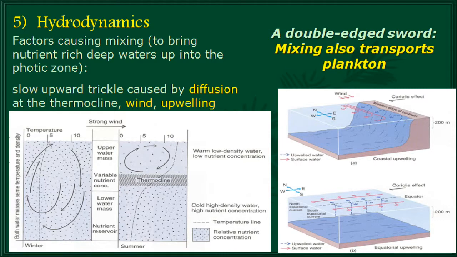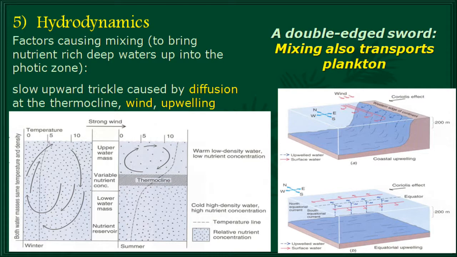So hydrodynamics can be called a double-edged sword, because it's good in terms of mixing the nutrient-rich waters up into the light zone. However, note that your phytoplankton just float around on the water column, and they're also being mixed. So they wouldn't want to be mixed all the way down into the deeper areas where there's no light, even if there's high nutrients.